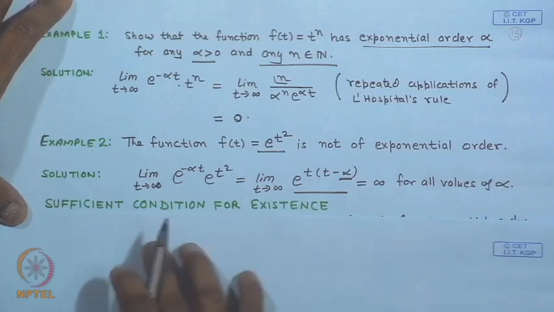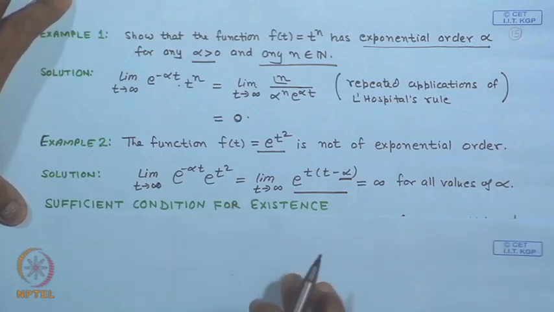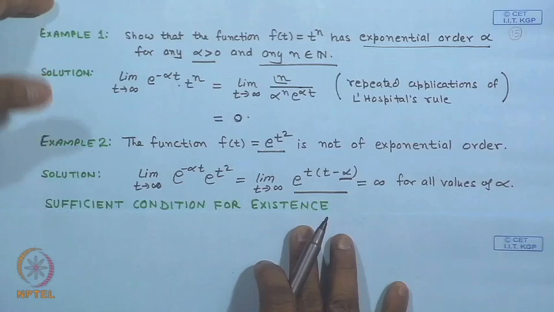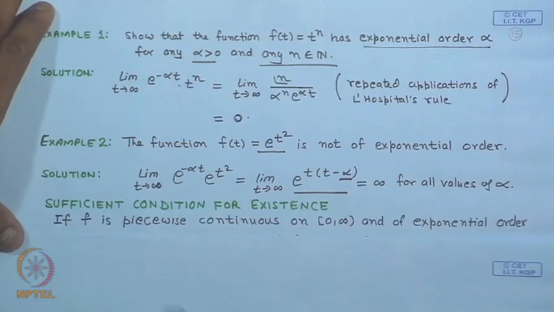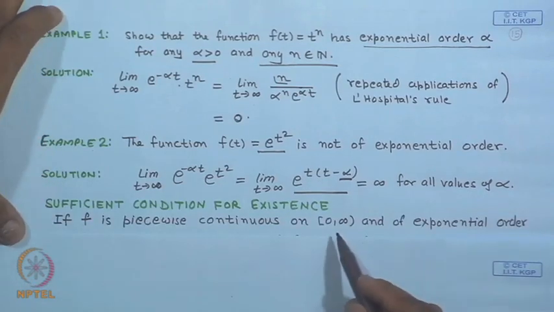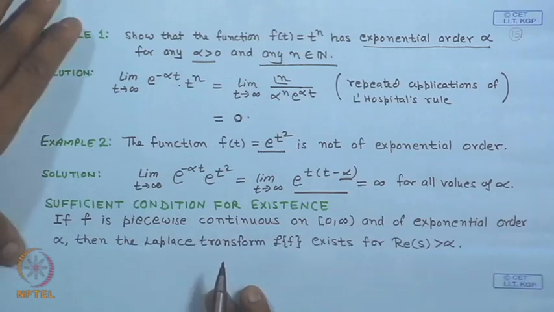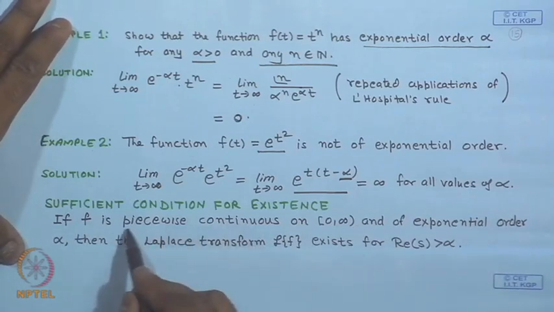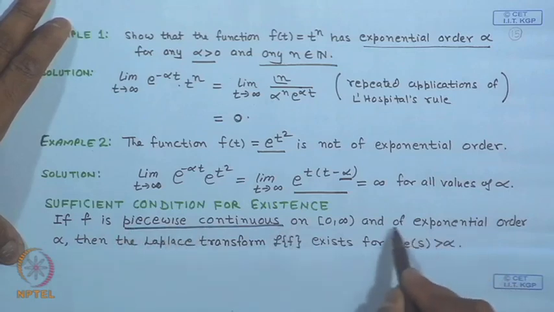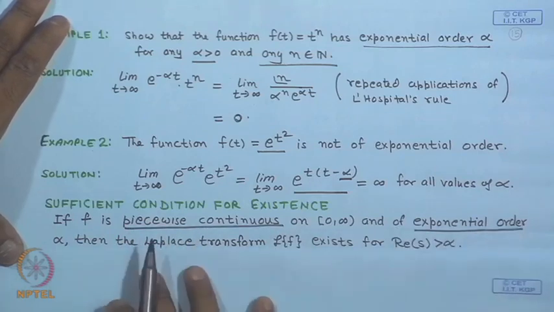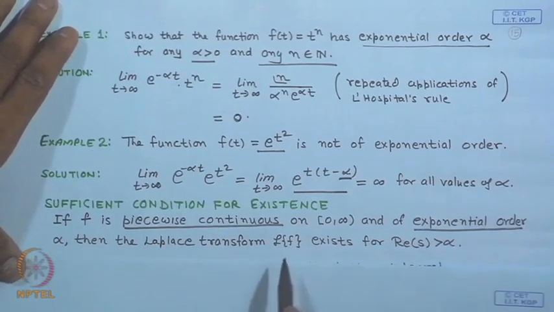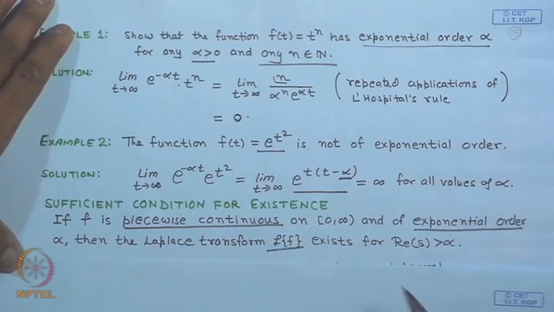Now, we come to the sufficient condition for existence. If f is piecewise continuous on [0, infinity) and of exponential order alpha, then the Laplace transform exists for real s greater than alpha.